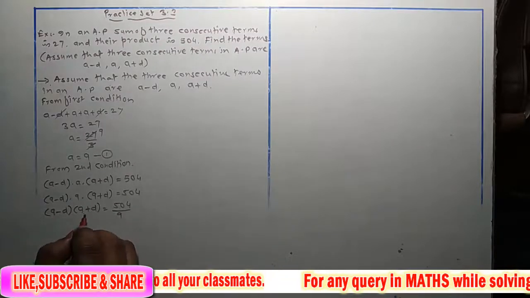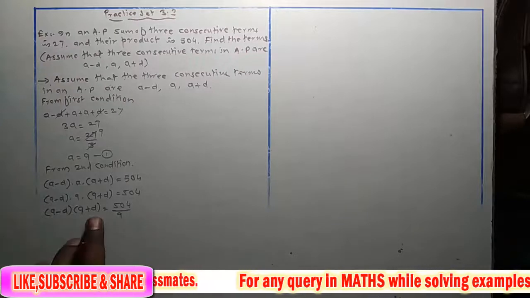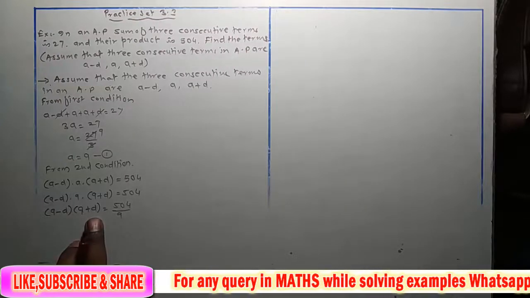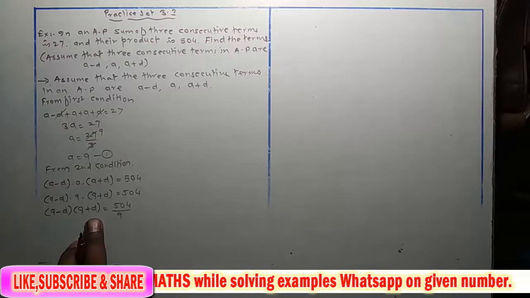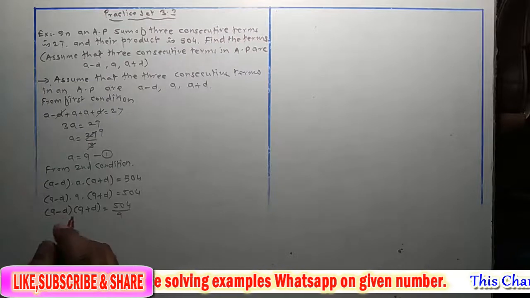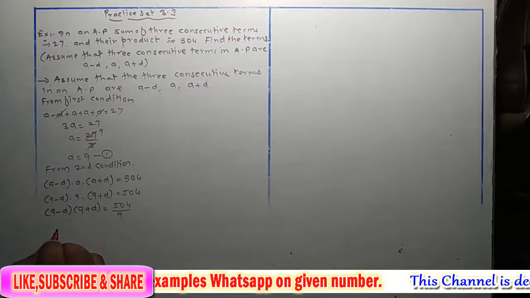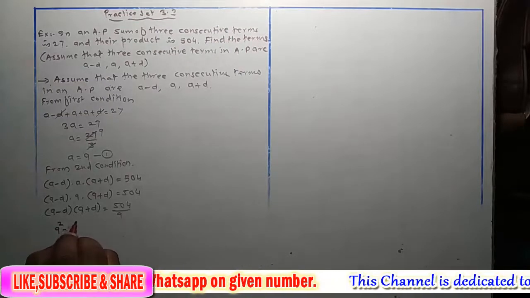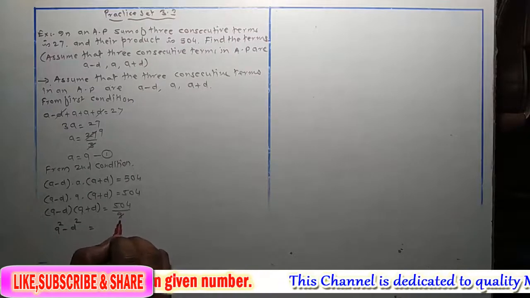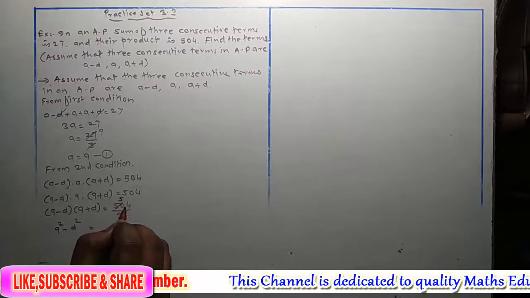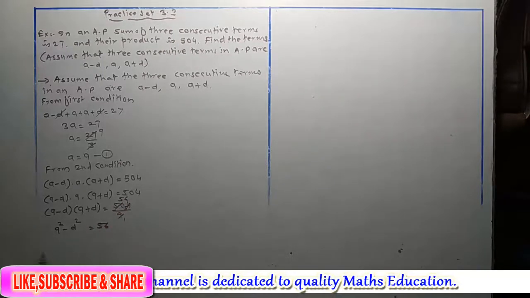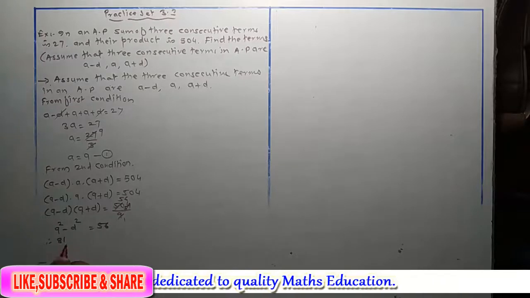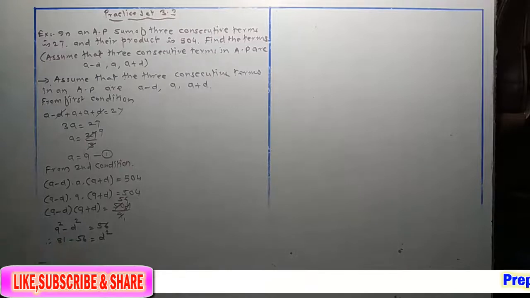Okay, so 9 minus D and 9 plus D, this is of the form A plus B into A minus B, and we know the formula for A plus B into A minus B. Yes, remember that formula. A plus B into A minus B is nothing but A square minus B square. So it will be 9 square minus D square is equal to, just simplify here, 504 divided by 9 is 56. So 9 square, it is 81, minus 56 is equal to D square, because this D square is negative.